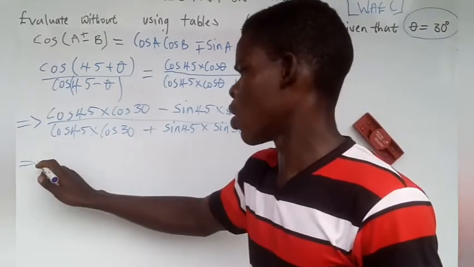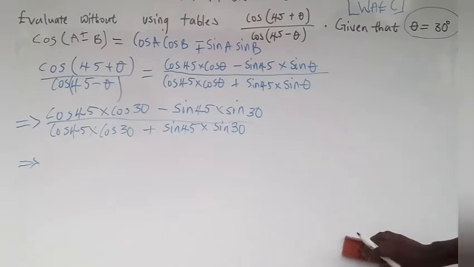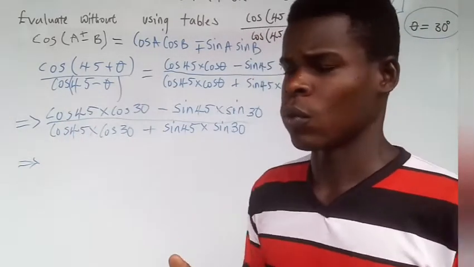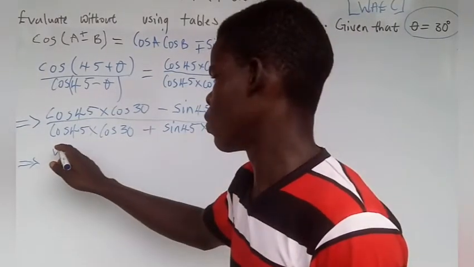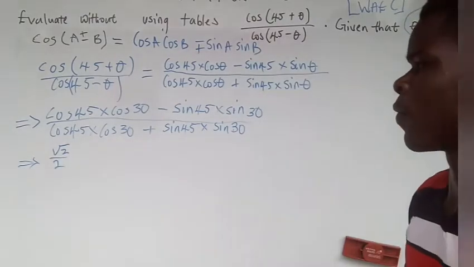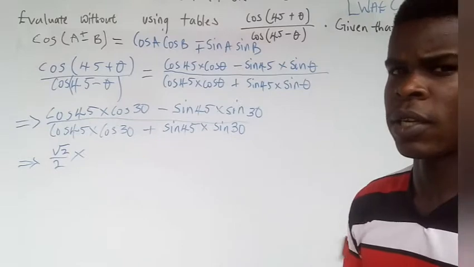Now, what is cosine 45? Cosine 45 is noted to be 1 over root 2, which is root 2 over 2. Cosine 45 times cosine 30 is what? Cosine 30 is simply root 3 over 2.